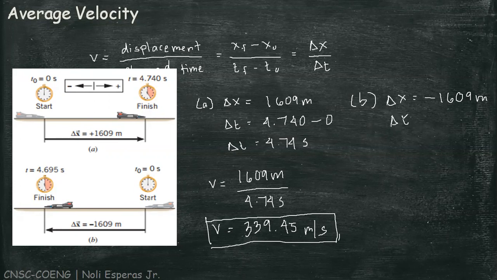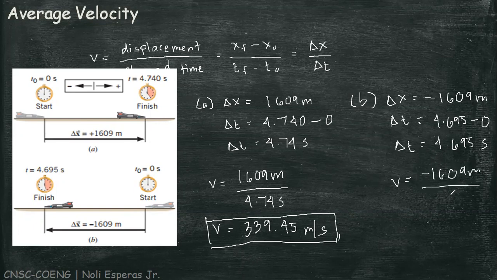Again, the elapsed time is 4.695 minus the initial time, which is 0, so we have an elapsed time of 4.695 seconds. Using the formula for average velocity, we have negative 1,609 meters divided by 4.695 seconds.